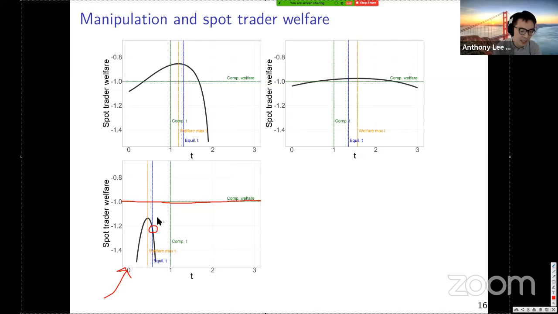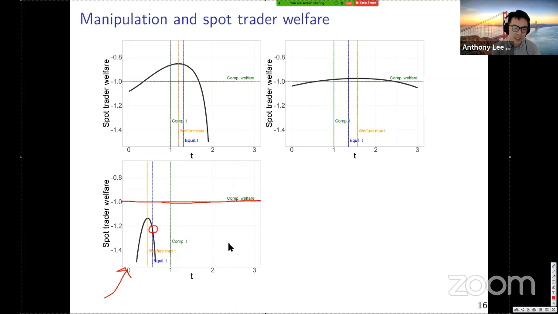And the other thing basically that these graphs show is that suppose that a planner could implement a kind of constrained second best. So suppose the planner can't do anything in spot markets. This is like, say, the CFTC. This is someone who basically, spot markets are somewhat outside their jurisdiction, but they can regulate contract markets. Like they can impose position limits in contract markets.